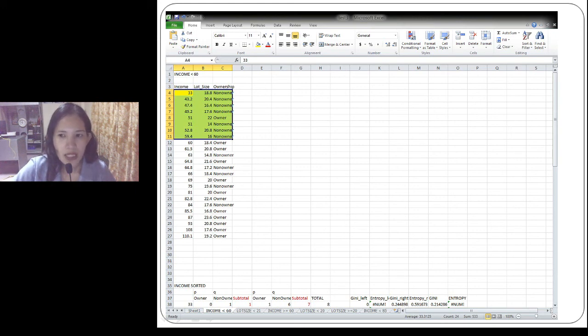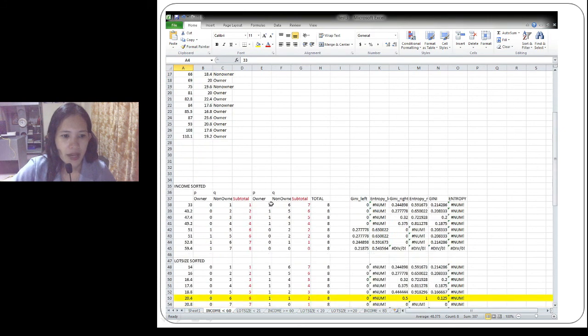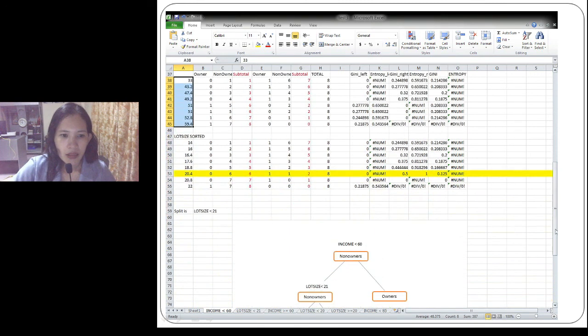So we copy the values for the income here, 33, 43.2, 47.4, and so on. And the lot size values are 14, 16, 16.4, 17.6, 18.8, 20.4, 20.8, and 22.